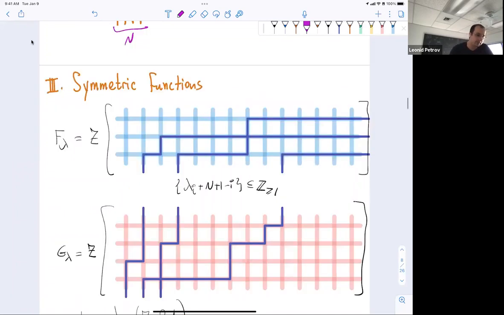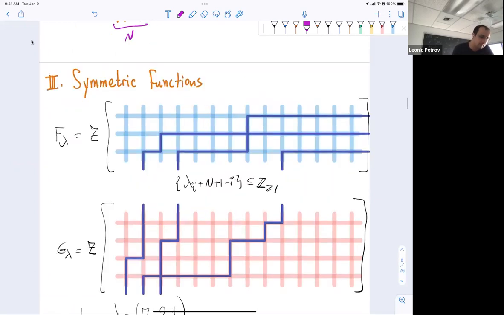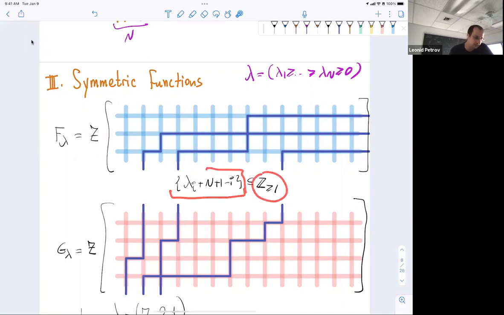So I'm taking lambda to be a partition or a signature with n parts, however you want to call it. These are integers, and for each lambda, I take the shifted subset lambda_i plus n minus i, which just makes it all distinct and greater than or equal to 1.